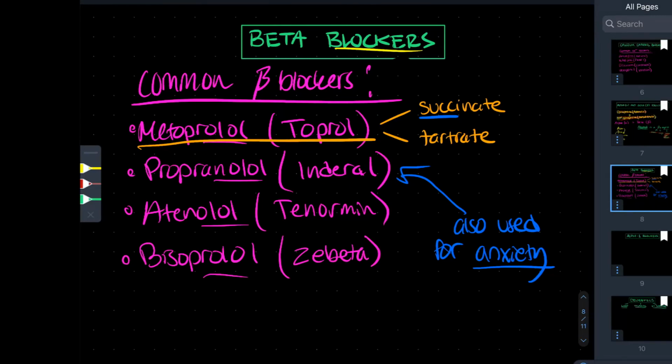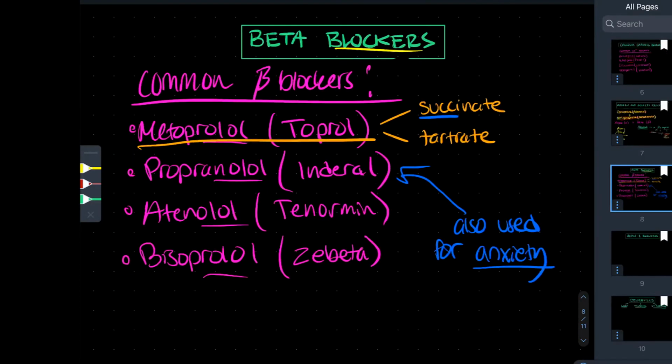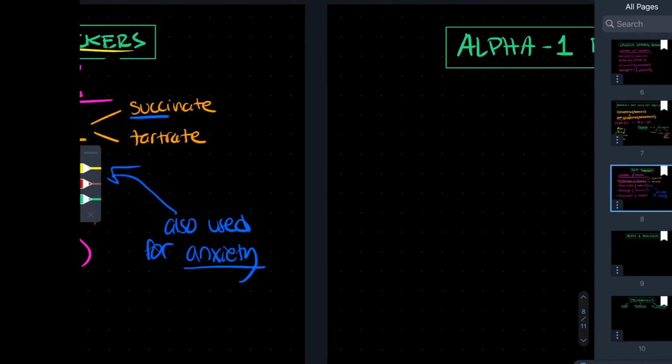So these medications can be used in various ways. You're going to see a lot of overlap, a lot of medications, especially ones that act in this adrenergic system. You're going to see multiple uses for them because they have such systemic effects, which means that one effect can have such a huge change across the body.